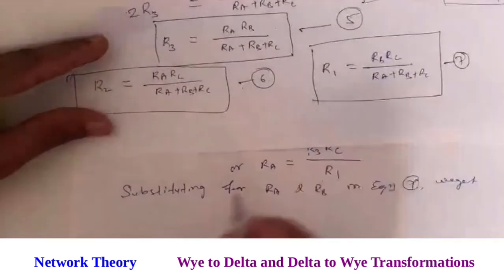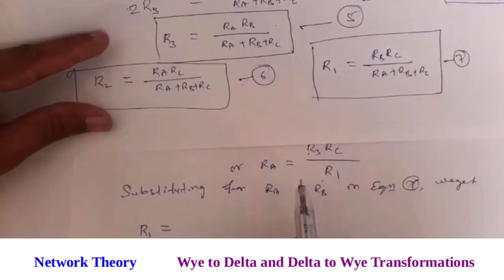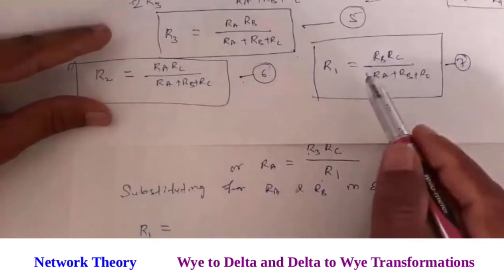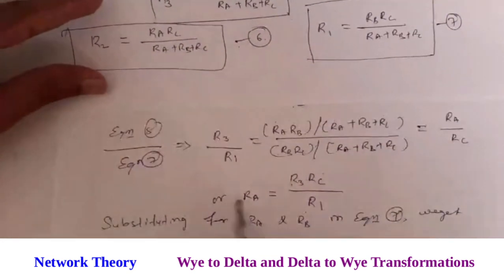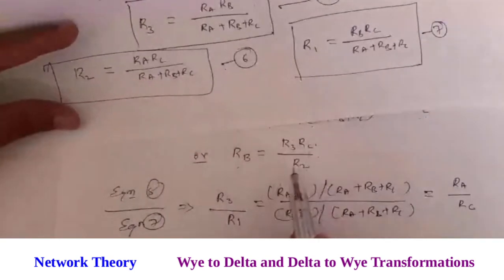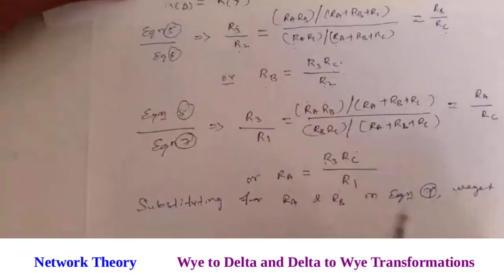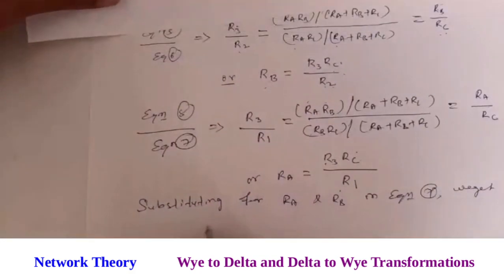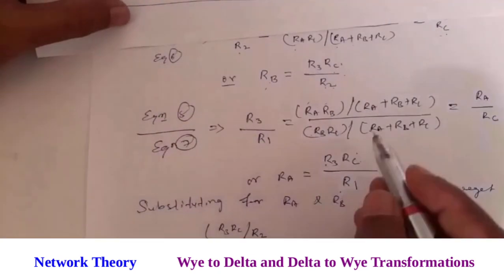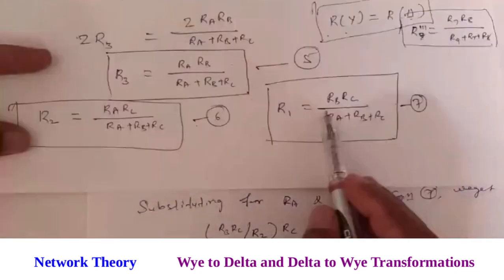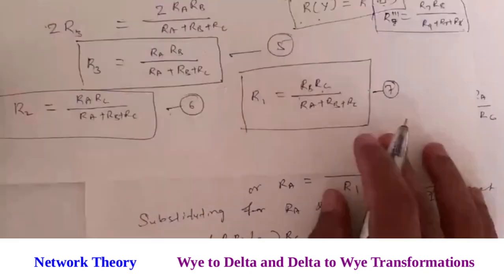So what is that? R1 is equal to RB RC, in terms of RB and RC. RB is equal to R3 RC divided by R2. In equation 7, the RB value is R3 RC by R2 into RC, because RB into RC is divided by RA plus RB plus RC.